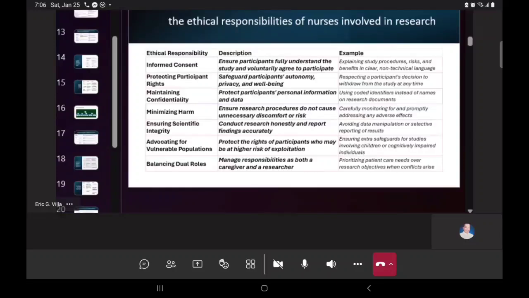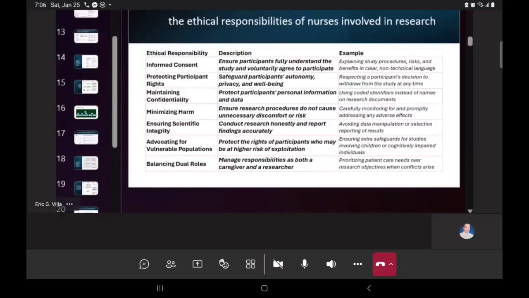Protecting participants' rights is another critical responsibility. Nurses must respect participants' autonomy, including their right to withdraw from the study at any time without consequences. They must also safeguard participants' privacy and well-being throughout the research process.